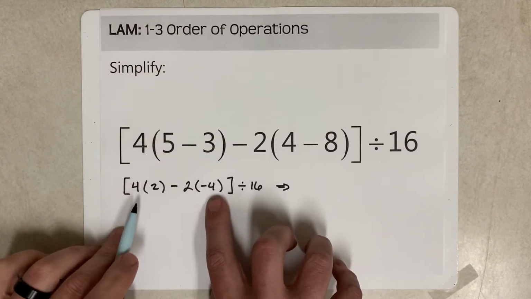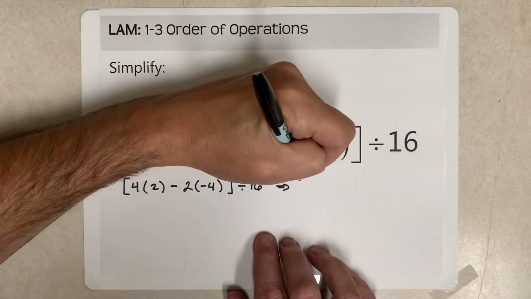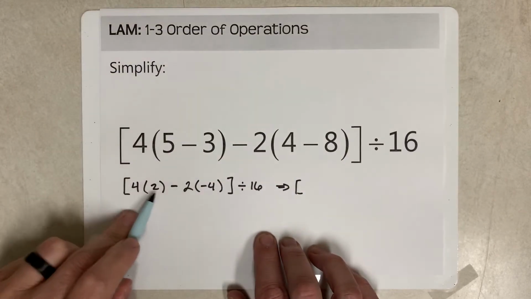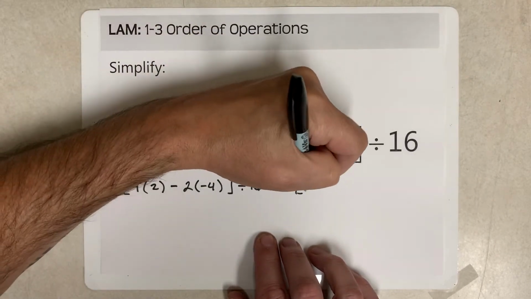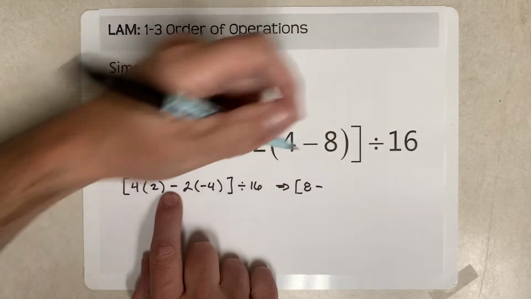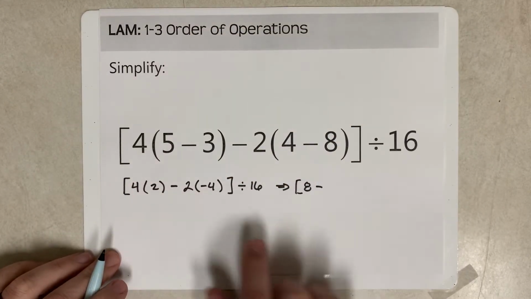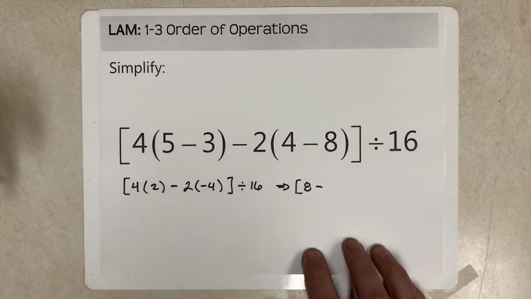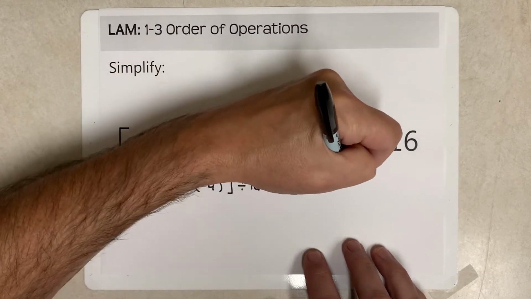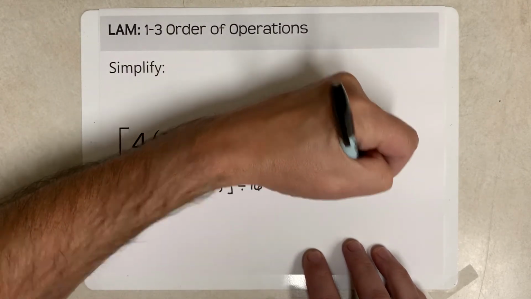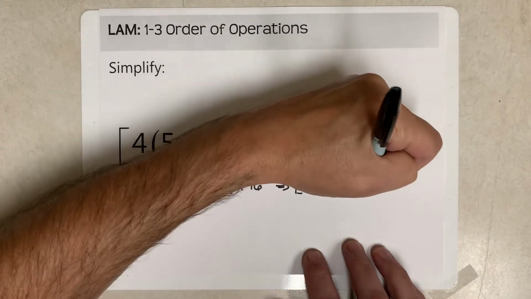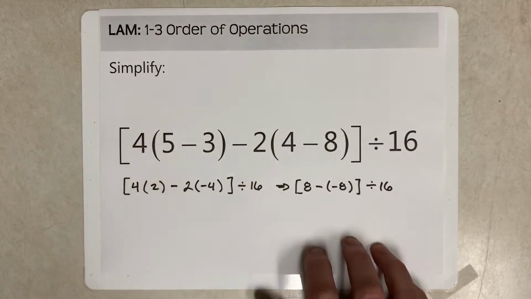Okay, now inside my parentheses, inside my brackets really, 4 times 2 is 8. Minus 2 times -4 is -8. So minus -8. Close up my brackets. Still divided by 16. So it's getting smaller.